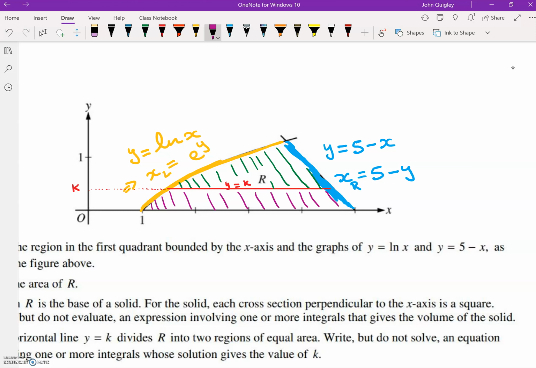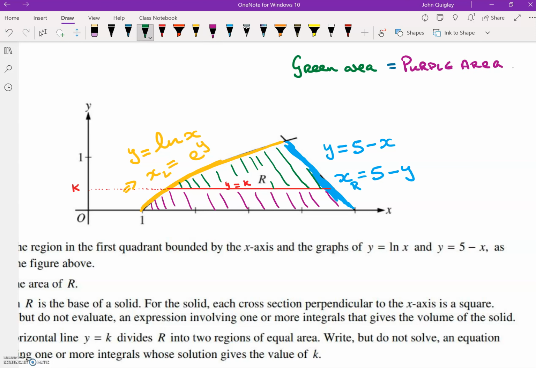So the green area has to be equal to the purple area. That's what the question said to do. It said to pick that line so that the area above it and below it are the same.